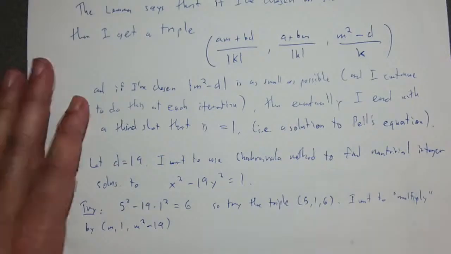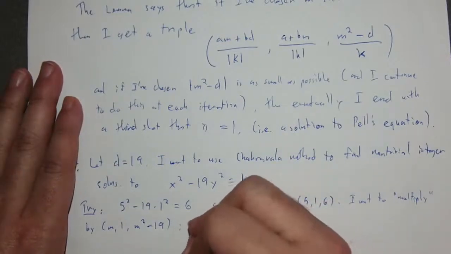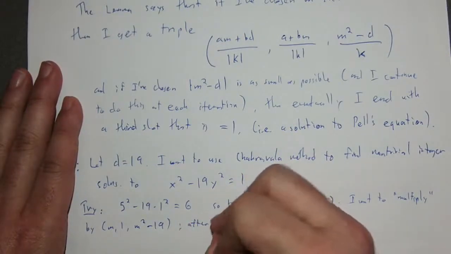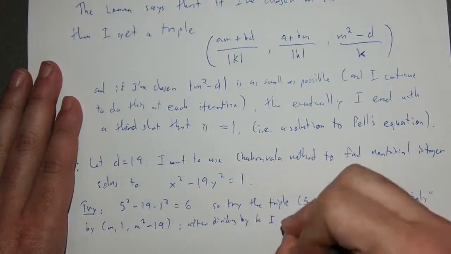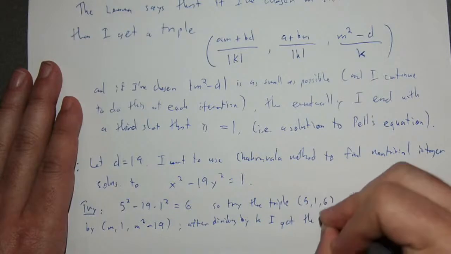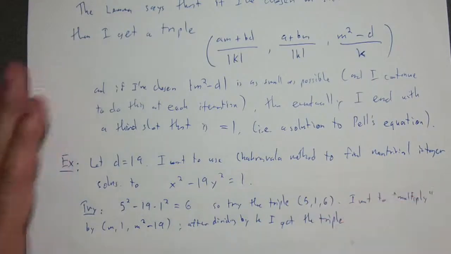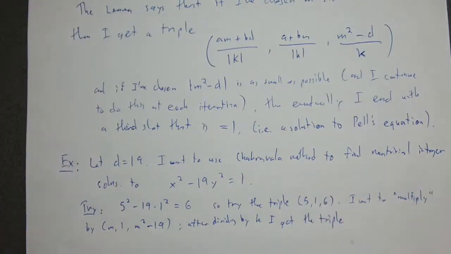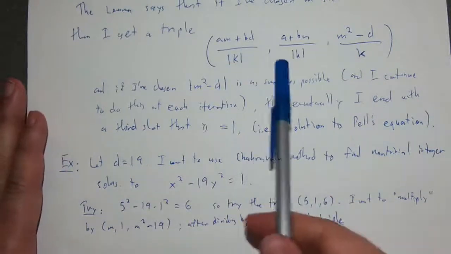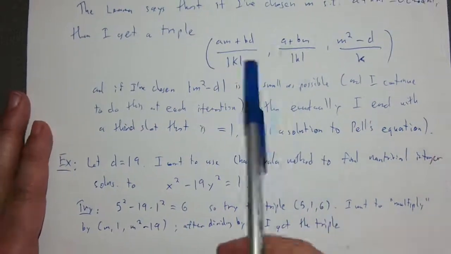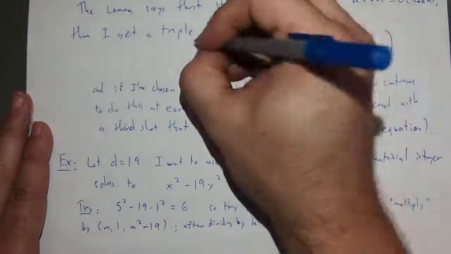So I'll write it out this time, but then I'm just going to write the final result after that. Oh, actually, I've already written it up here on the same piece of paper, so that's good. So I get this triple here.